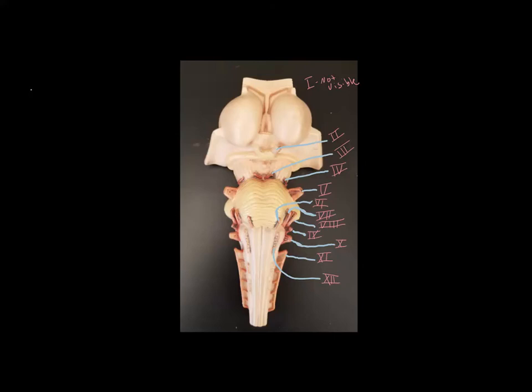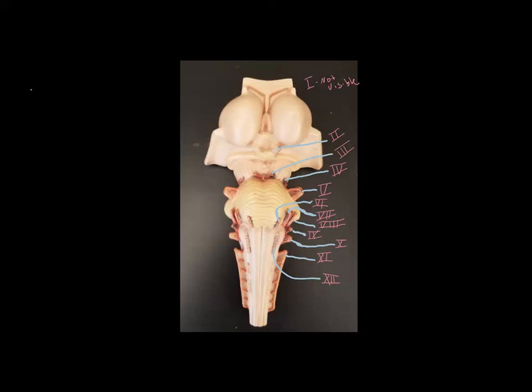Vagus nerve, number 10, contraction and relaxation of smooth muscle, sensory reception of visceral organs. Number 11, the accessory nerve, swallowing and movement of the head. And number 12, the hypoglossal nerve, movement of the tongue.